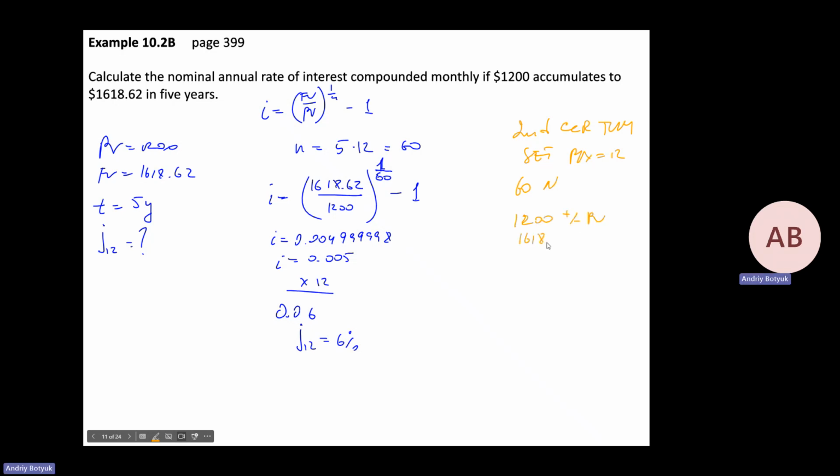Then 1862, that's future value, compute IY. So let's do it. It happens to be 5.999997727, so 6%. Good? Any questions?